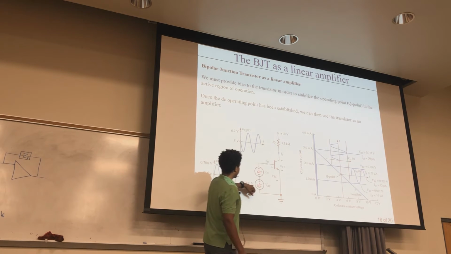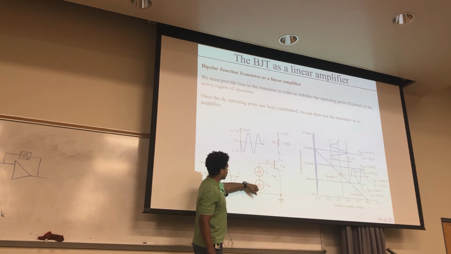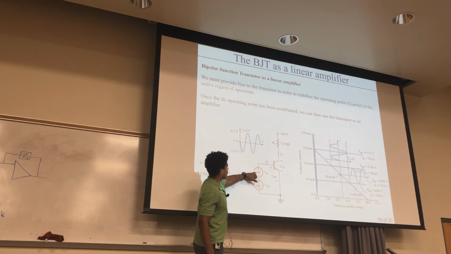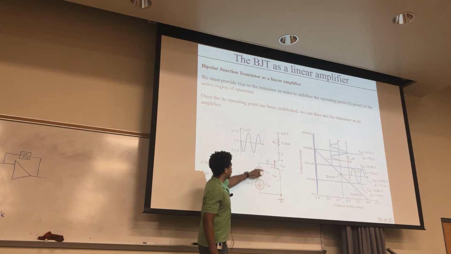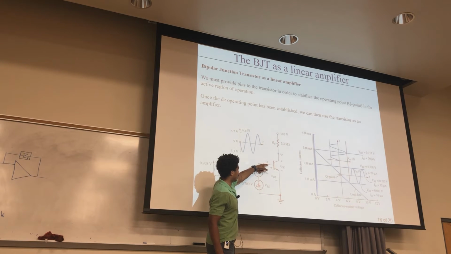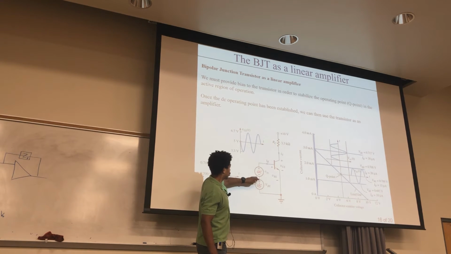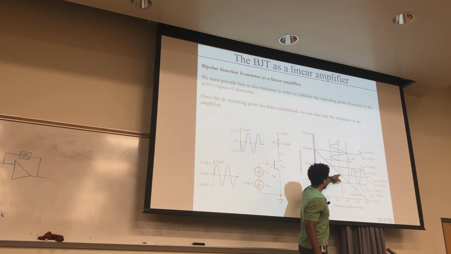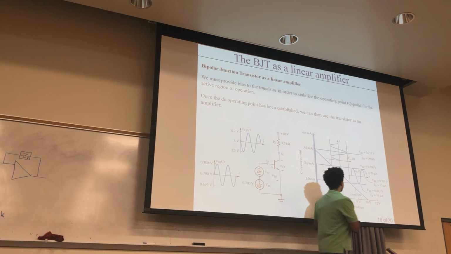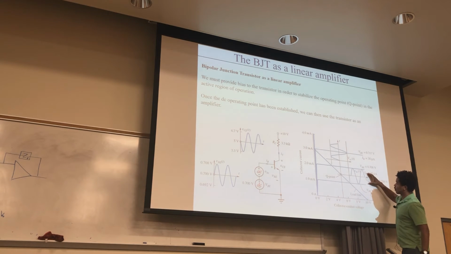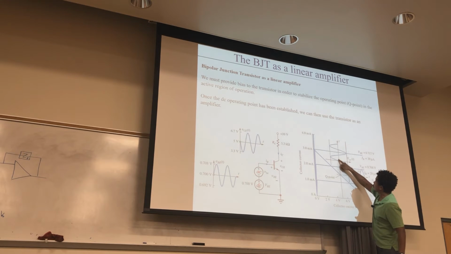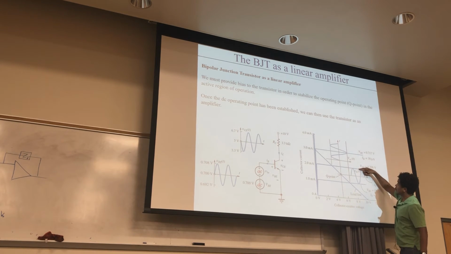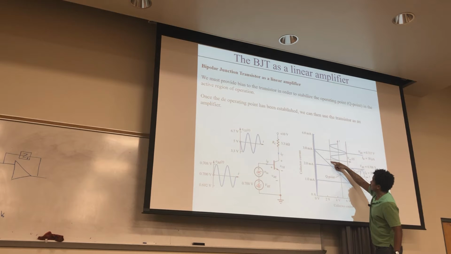To go over this right here, you can see you have a DC component and an AC component. Both of these together are the signal that's coming through right here. Your DC component is used to get the Q point that you're looking for. And here you can see you have your input signal coming in. Here's the middle line. This goes up here, here's the peak, which goes to this peak.